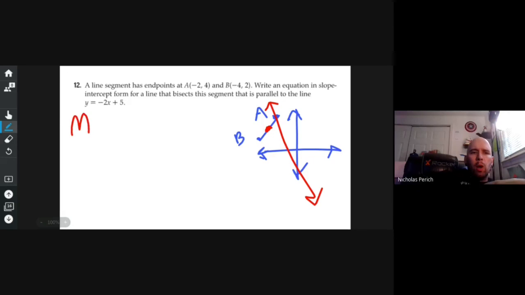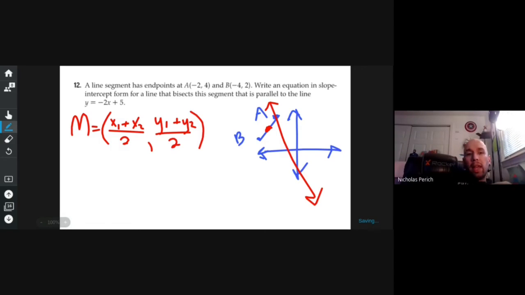Midpoint is when you take your points, take the x values, x sub 1 and x sub 2, add the x values and divide by 2, take the y values and divide that by 2. It's literally the average.